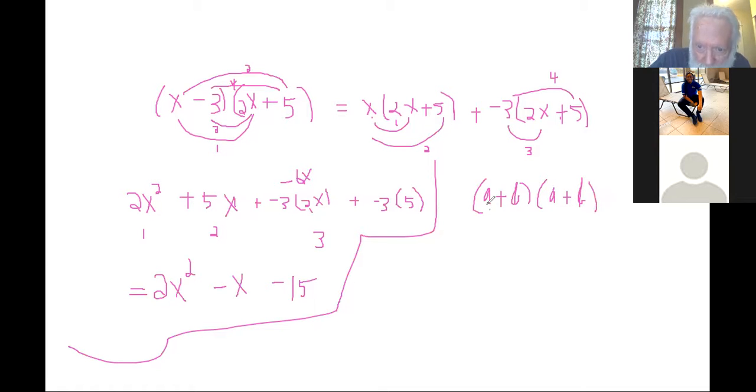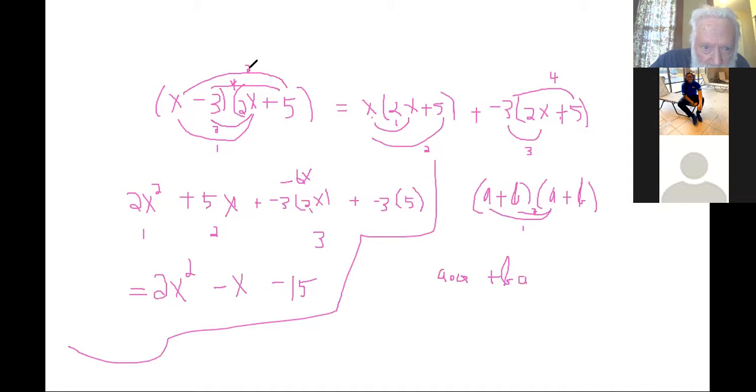Okay, so the first one is a times a. The second one was b times a. How about the third one? Third one would be b times a.